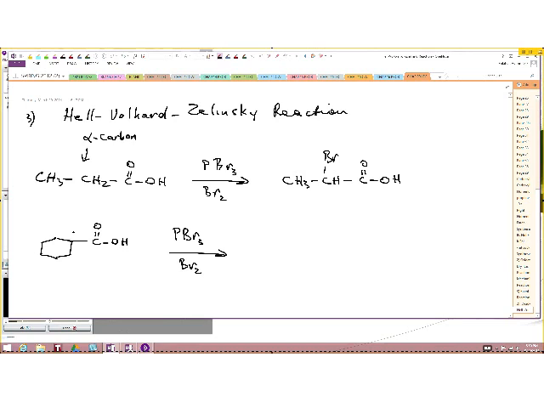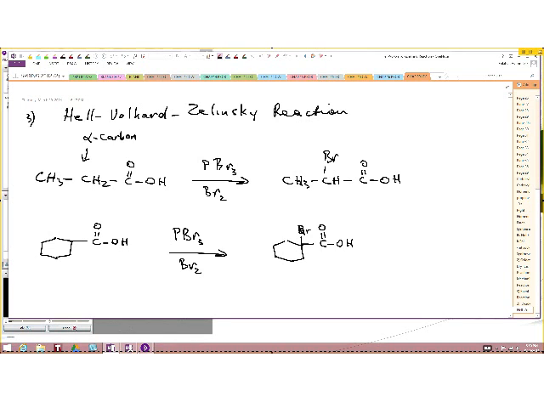This hydrogen here will be replaced by bromine, right here. So that's the Hell-Volhard-Zelinsky reaction. You use phosphorus tribromide in the presence of bromine, and then you replace the alpha hydrogen with a bromine atom.